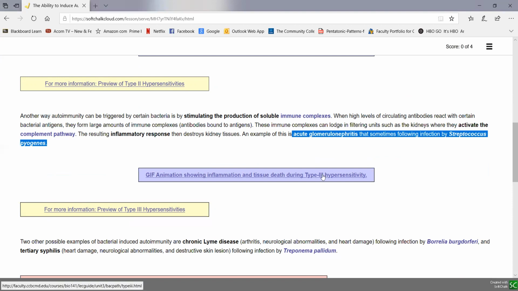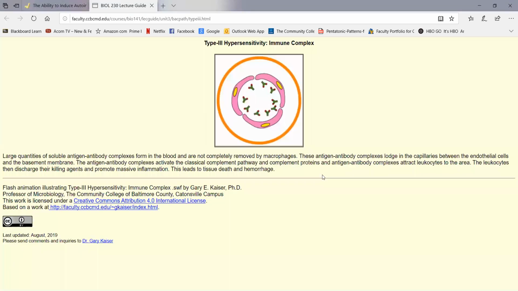This is a little GIF animation that shows you what this type 3 hypersensitivity looks like, where you have excessive activation of the complement pathway that can lead to acute glomerulonephritis. So what happens here, we have soluble antibody antigen complexes. The red are the antigens bound to the antibody.